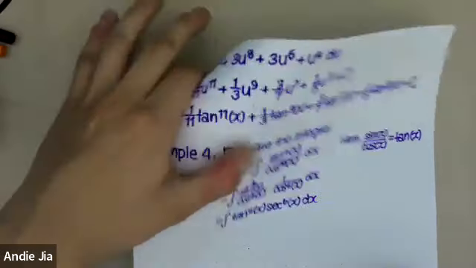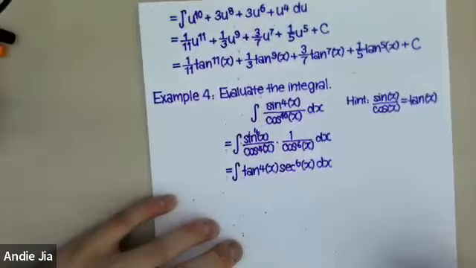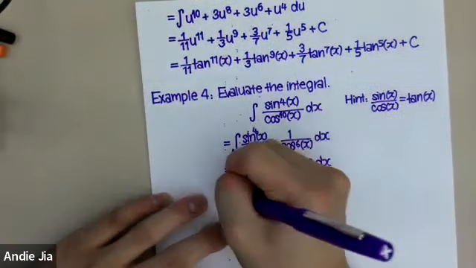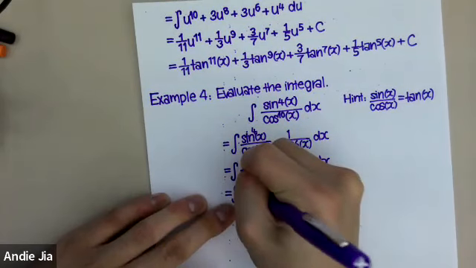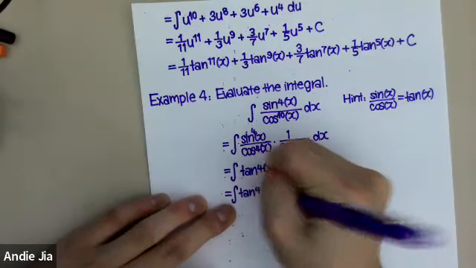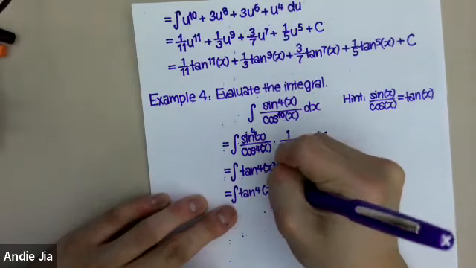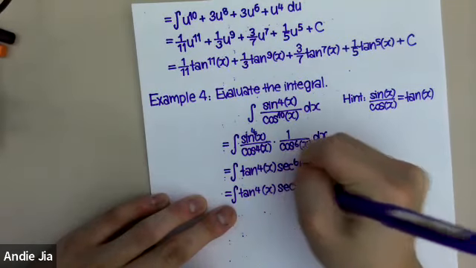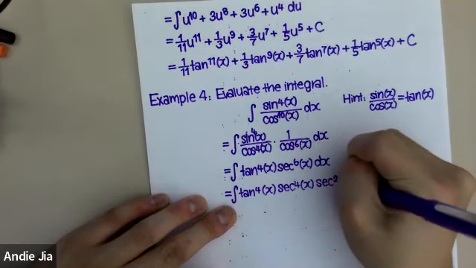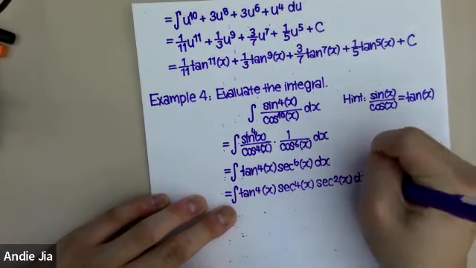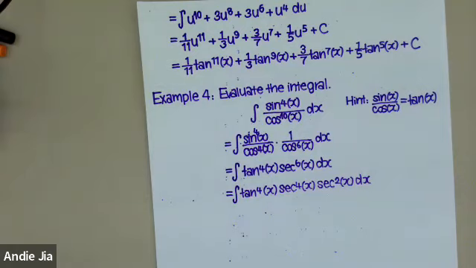And then use the u substitution, and rewrite this integral as tangent to the 4 of x, secant to the 4 of x, and secant squared of x dx.